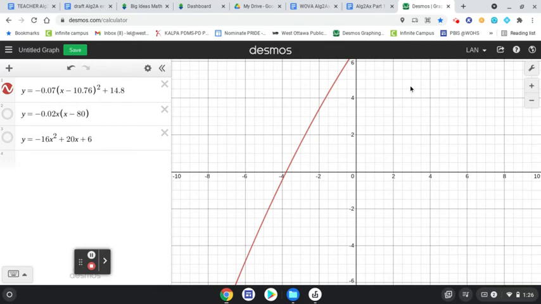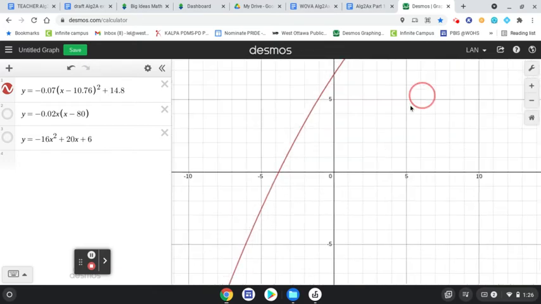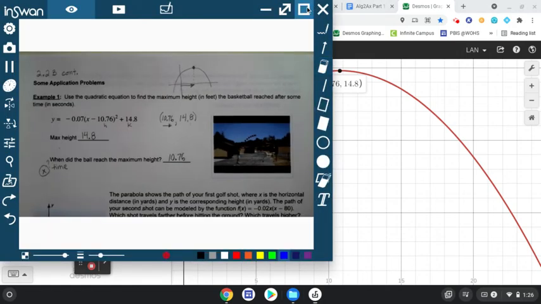Notice this graph is really big, so I'm going to have to zoom in a bit. And let's slide this over so I can look at that maximum. If you peek and just touch, it should appear. And there it is. If you touch it, it'll tell you where that maximum is also. So if you didn't realize that was in vertex form, put it in Desmos and you can see that peak as well. Okay? All right, let's go back and try some other examples.